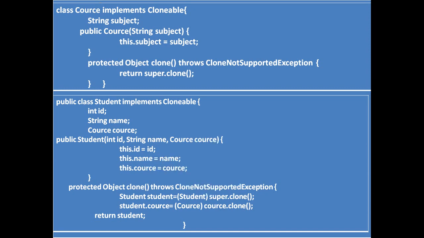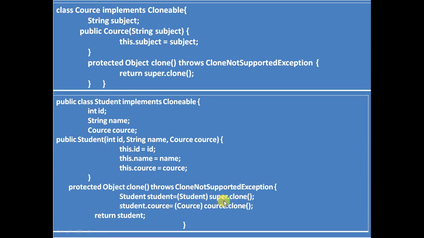Now we create a Student class which also implements the Cloneable interface, which has the fields ID, name, and course. Create the constructor for the Student class and again override the clone method. But look here, how are we overriding the clone method?